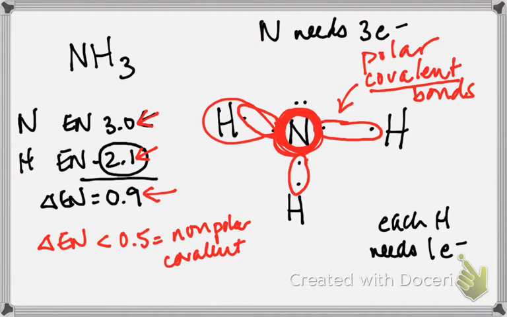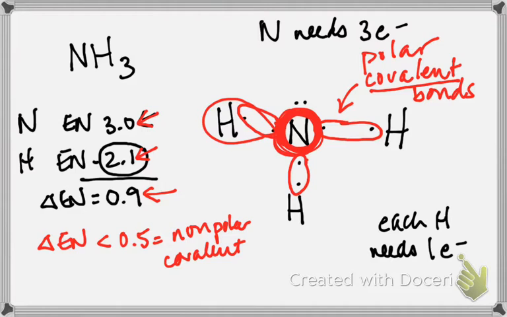So these are the steps you're going to need to be able to do when you're looking at two atoms coming together. You need to be able to draw that Lewis dot diagram, show how many valence electrons each atom has. That's going to tell you what each atom still needs in order to be satisfied and get to that full outer shell, full valence. Then once you know what each atom needs, you got to figure out who's stronger. Are they strong enough to steal?